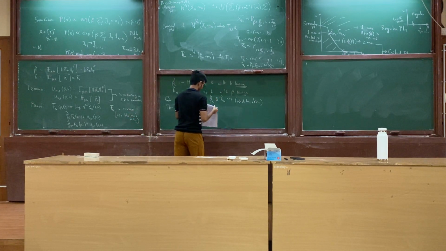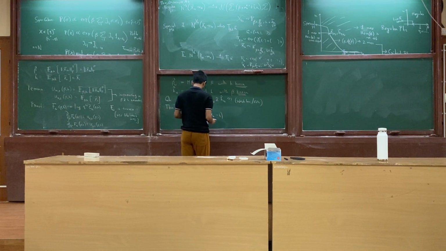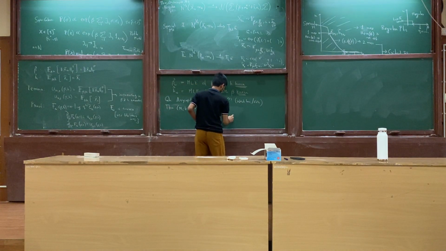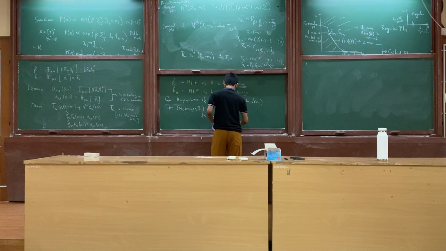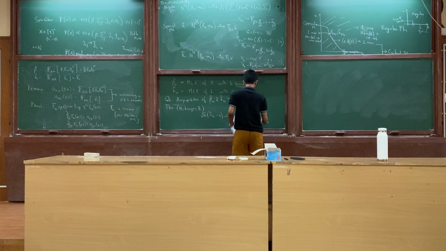The statement is that root n times (h_n hat minus h) converges in Gaussian distribution to normal with variance given by the inverse of beta h double derivative of s. And what is this s now?